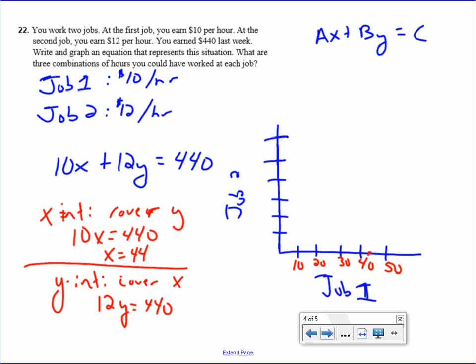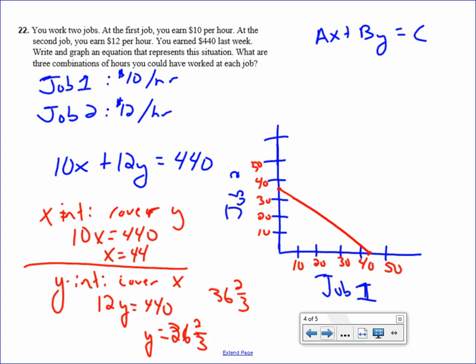So if you take 440 and divide it by 12, you'd get 36 and 2/3. Again, 36 and 2/3. So that is my y-intercept. So I'd go 10, 20, 30, 40, 50, and so on. So 36 and 2/3 would be like there.